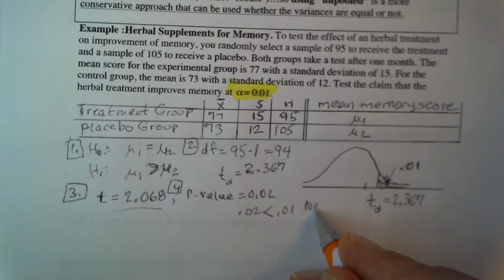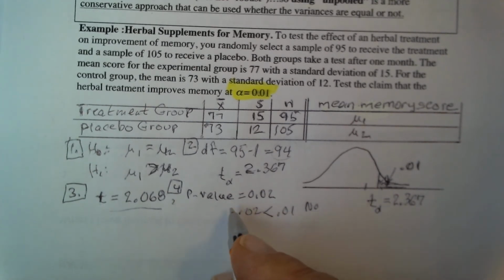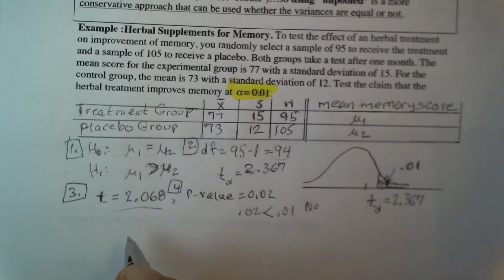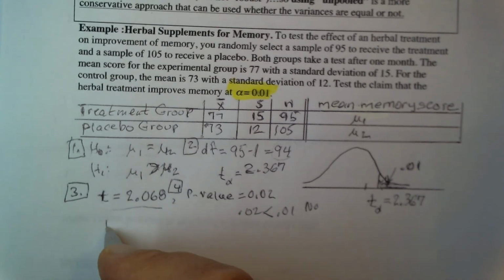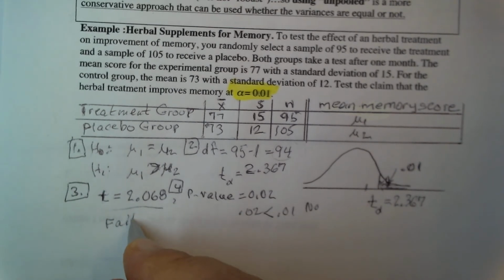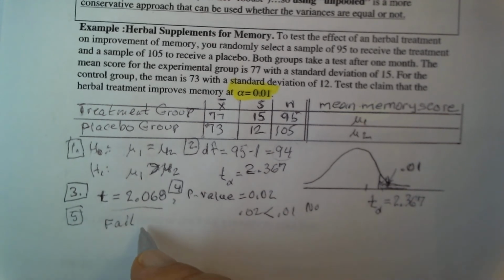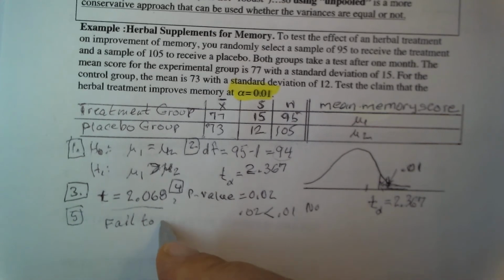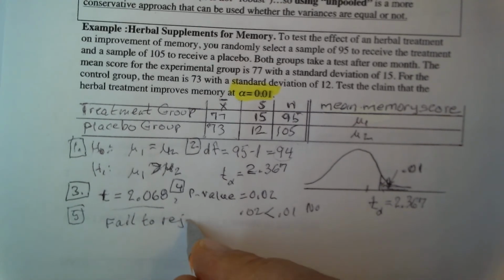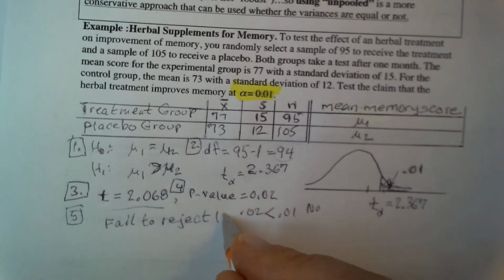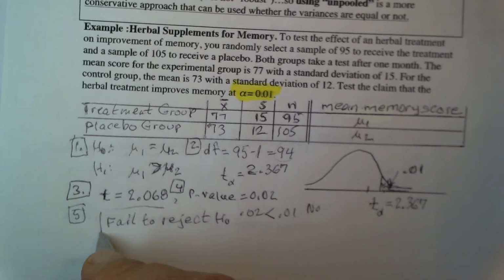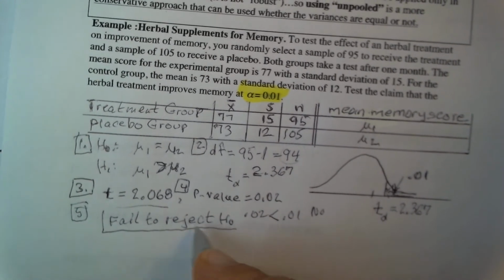So that's a no. So in other words, on both counts, the test statistic and the p-value, we fail to reject the null hypothesis. That's 5. Fail to reject the null hypothesis. So that is our decision here.